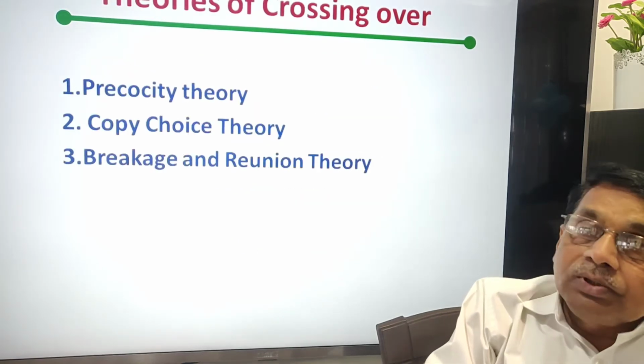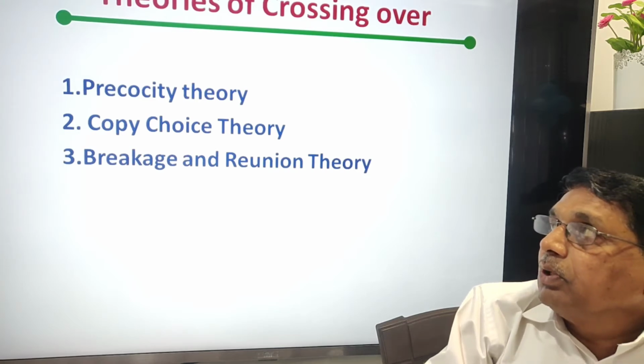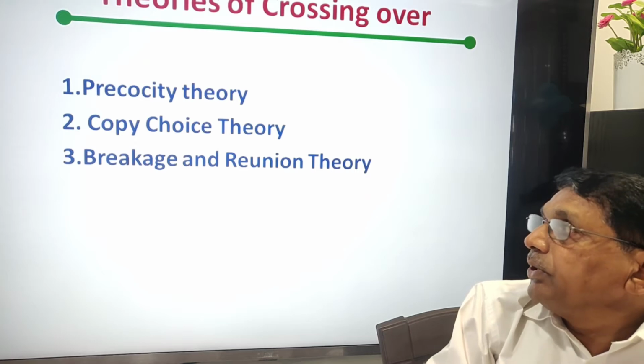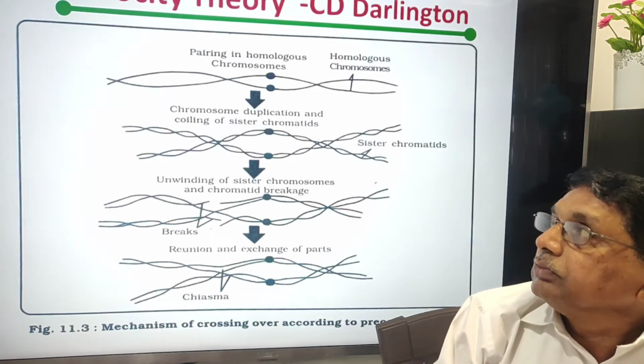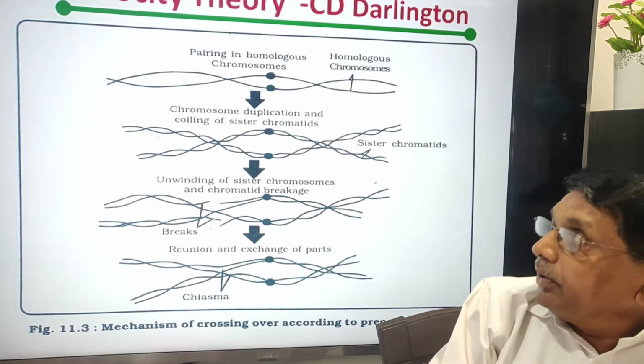Theories of crossing over. Several theories have been proposed from time to time: precocity theory, copy choice theory, breakage and reunion theory. Precocity theory was proposed by C.D. Darlington.